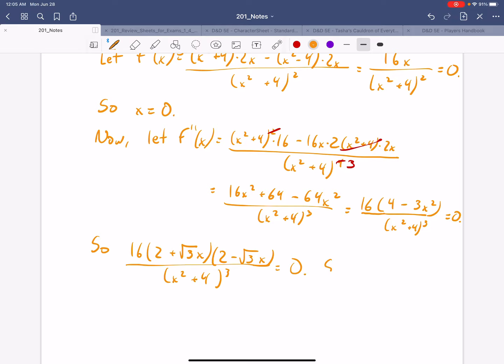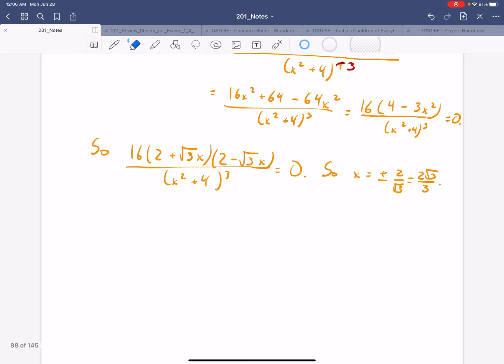So x equals plus or minus 2 over root 3, and if you'd prefer to rationalize your denominator, that's 2 root 3 over 3. It's a little bit more than 1. Root 3 is like 1.6 or so, so 2 divided by this is like 1 and a third or something. Okay, anyway.